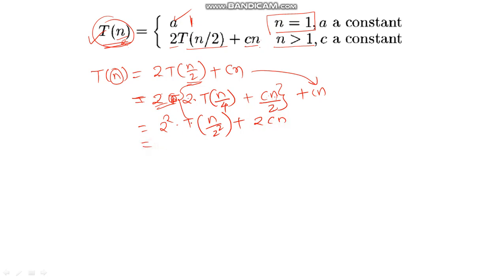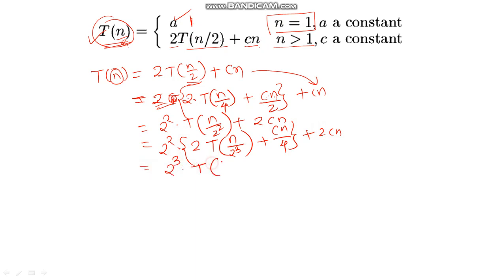Now if I put n equal to n/4, what I get is 2 raised to 2 as it is, into 2T(n/4 divided by 2), so that will become 8, and 8 is 2 raised to 3, plus Cn/4 bracket to this plus 2Cn. So this overall becomes 2 raised to 3 into T of n/2 raised to 3 plus Cn plus 2Cn, because this 4 and this 4 get cancelled, so it becomes 3Cn.